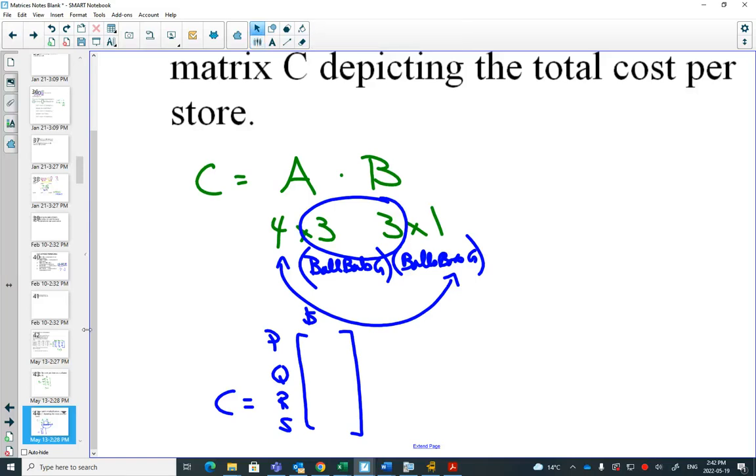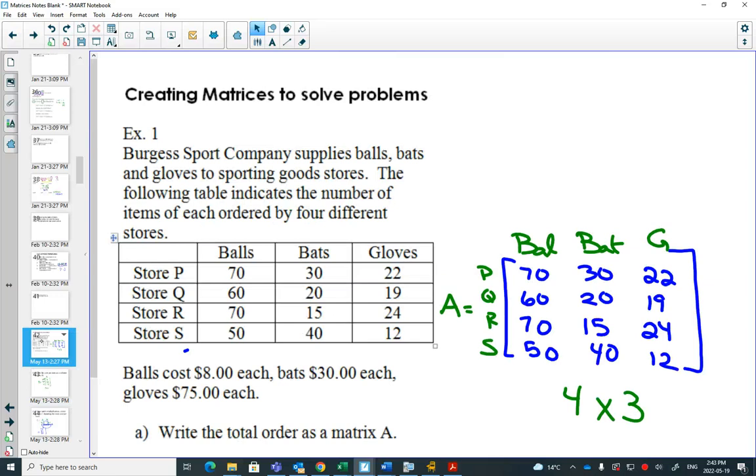Now, the next thing I'm going to show you is that if you have a graphing calculator, we can do math on matrices on our graphing calculator. Because what would we have to do, right? We have A times B. I could put matrix B right here with the 8, the 30, and the 75.